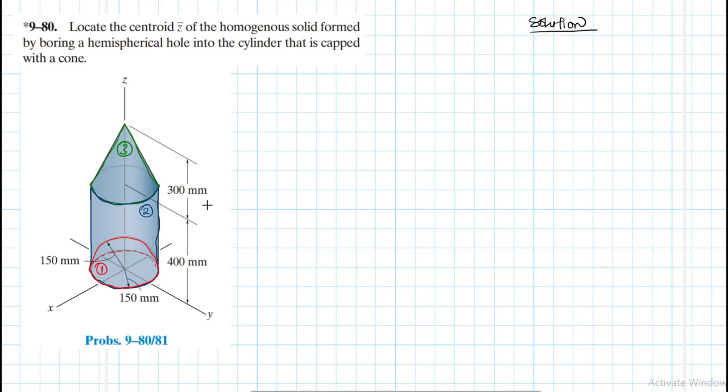All right, so to start with, we're going to draw to indicate the centroidal locations for each one of these parts. So I'll start with this hemispherical hole. We are going to assume it is not a hole, but we know it is a hole. We'll give it a negative sign so that we are able to subtract it as we do the calculations.